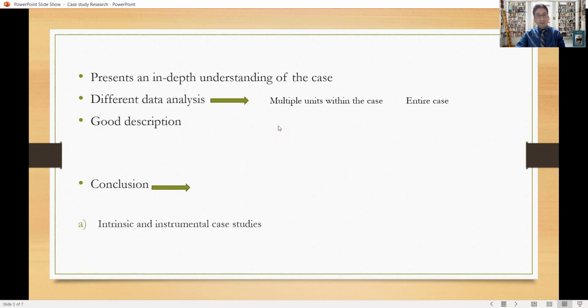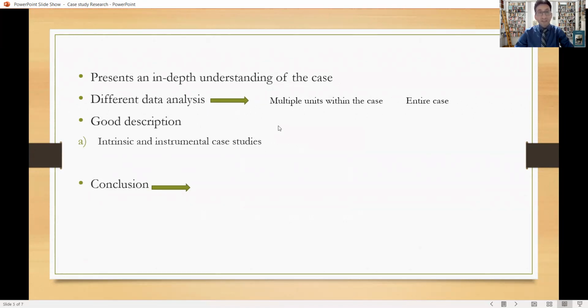Another part we can describe as having a good description of the case. This one includes two types: intrinsic and instrumental case studies, and also identifying themes or issues or specific situations.